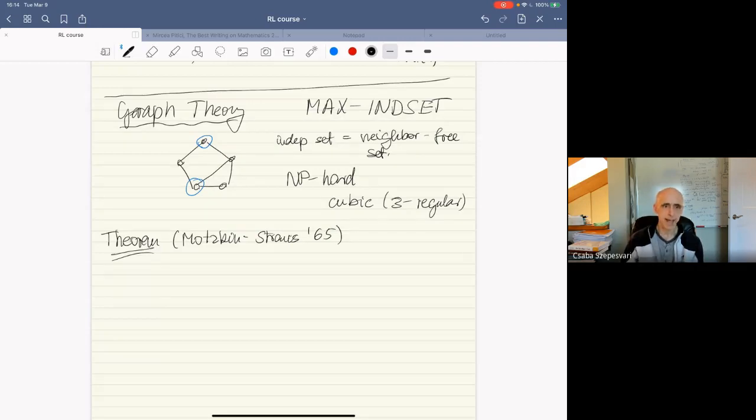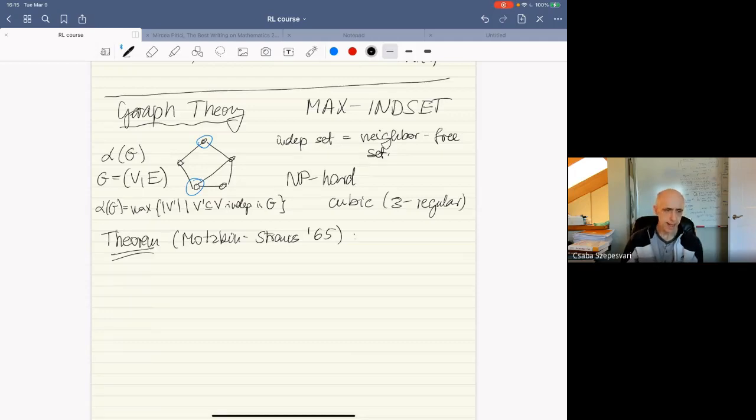That says that the maximum independent set, that's denoted by alpha G. If you have this graph G with vertices V and edges E, then alpha G is the maximum cardinality for a vertex set which is independent in G.